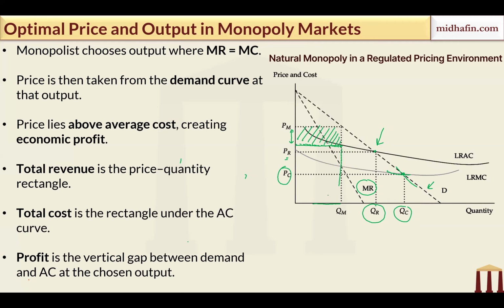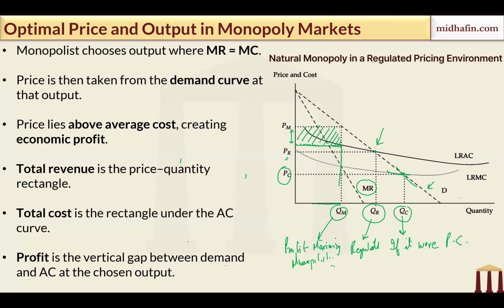So this is the case of perfect competition, this is the regulated case, and this is the profit maximizing monopolistic case. So that is the difference between QM, QR, and QC.